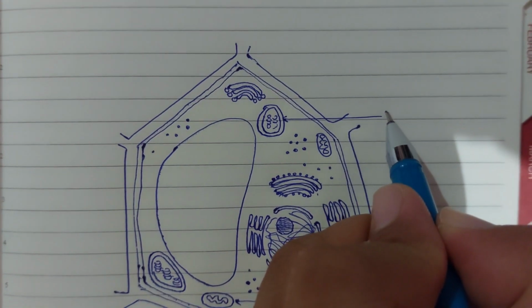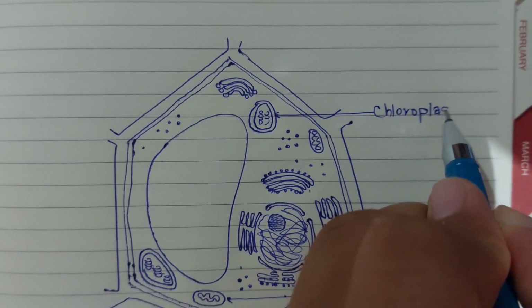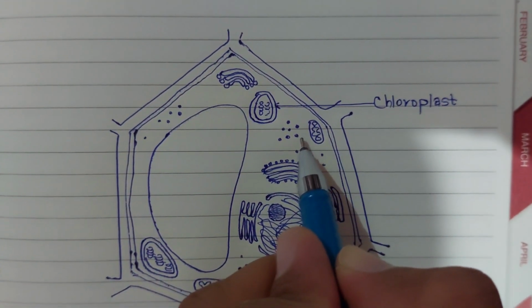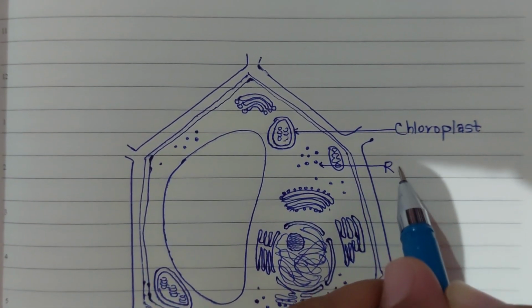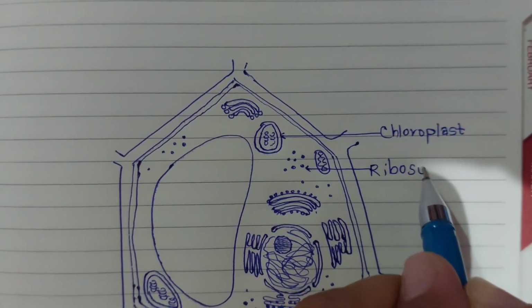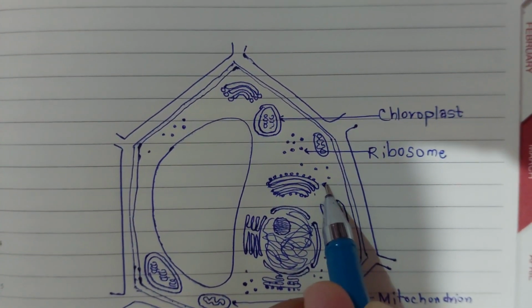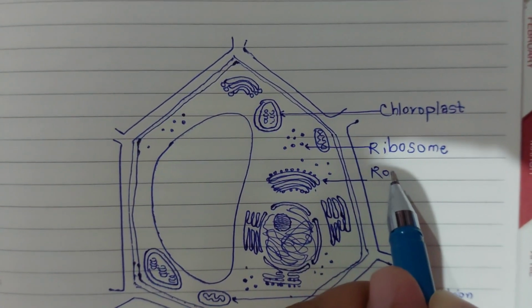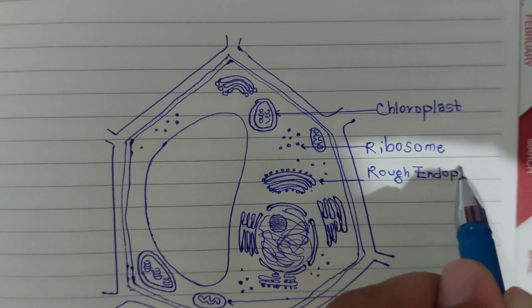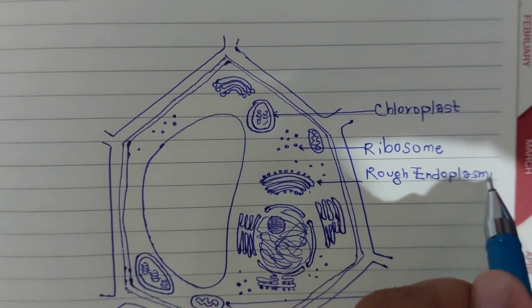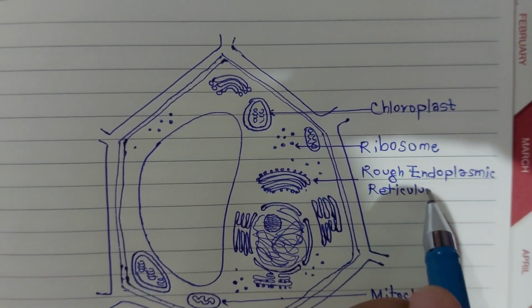It is a chloroplast. Now we have these ribosomes spread in the cytoplasm. Ribosome. Okay. Now it is rough endoplasmic reticulum.